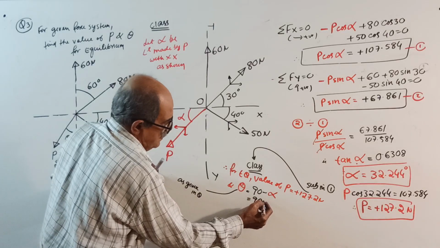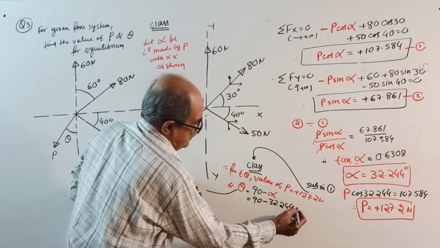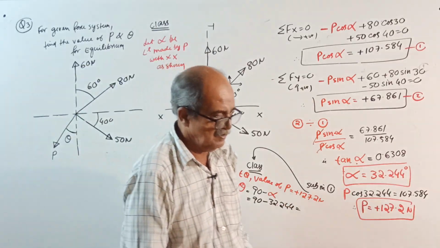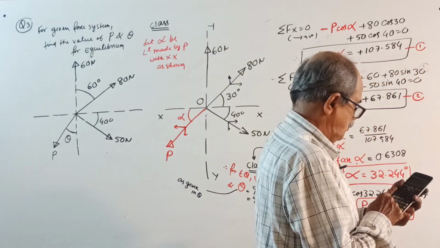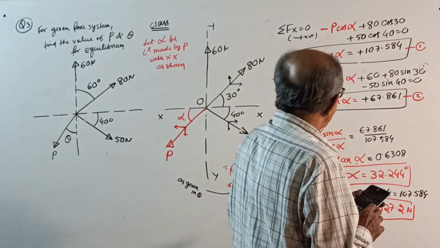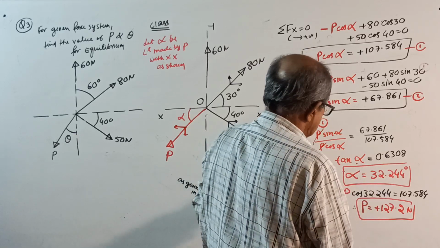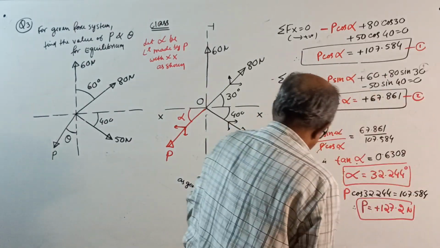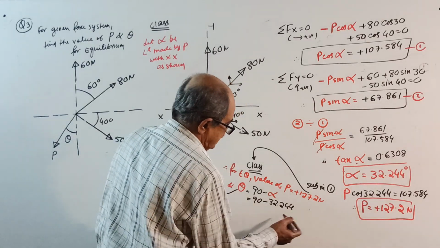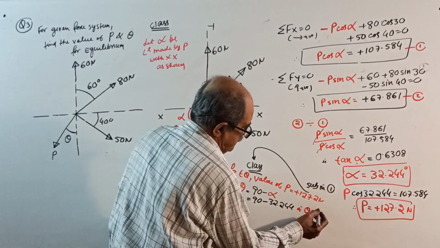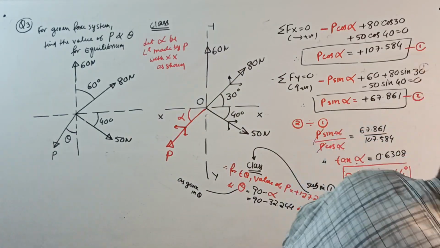Theta equals 90 minus 32.244, which equals 57.756 degrees. Theta is 57 point, I forgot once again; I am so weak in remembering 756 degrees.